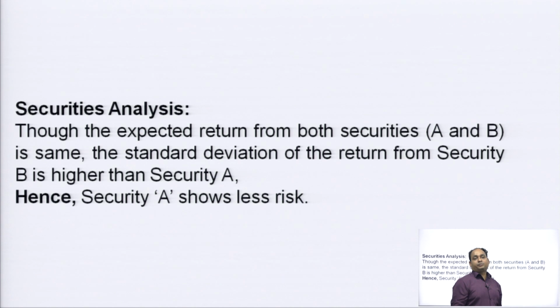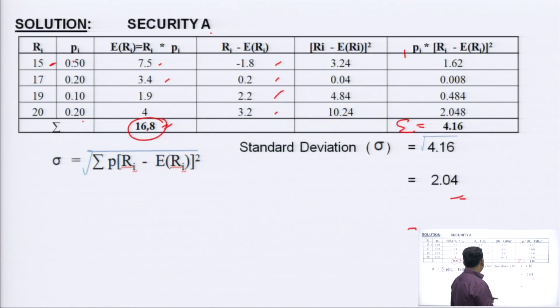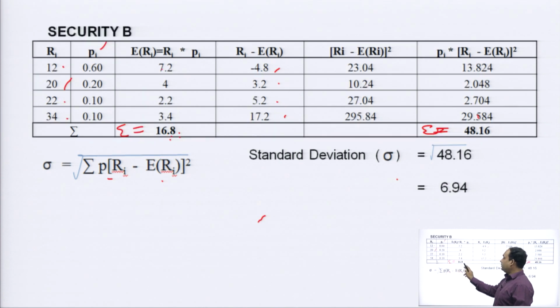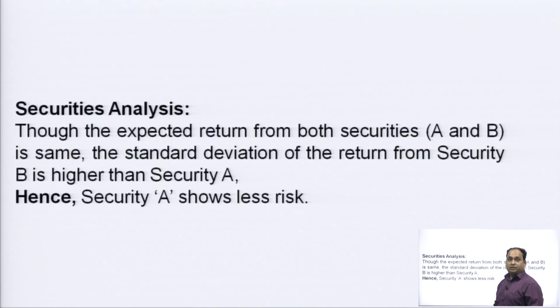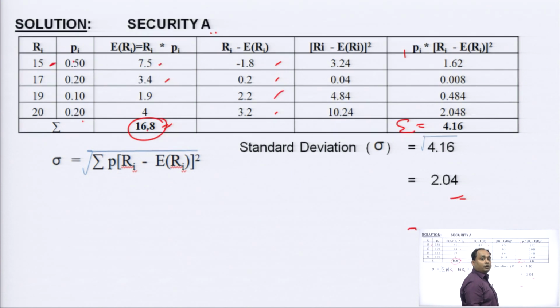Now, the analysis part. Though the expected return from both securities A and B is the same, which is 16.8, the standard deviation of the return from security B is higher than security A. The standard deviation of security B is 16.94, whereas for security A it is 2.04.